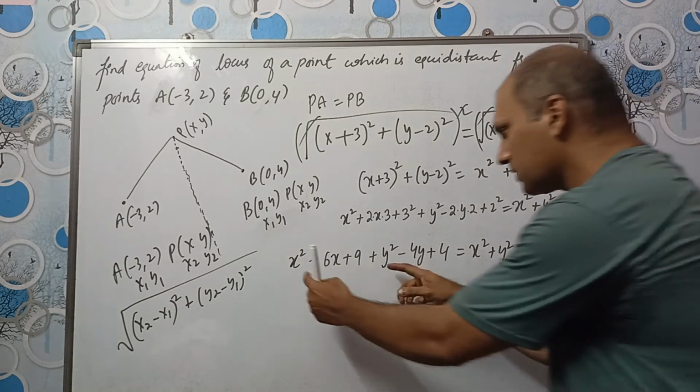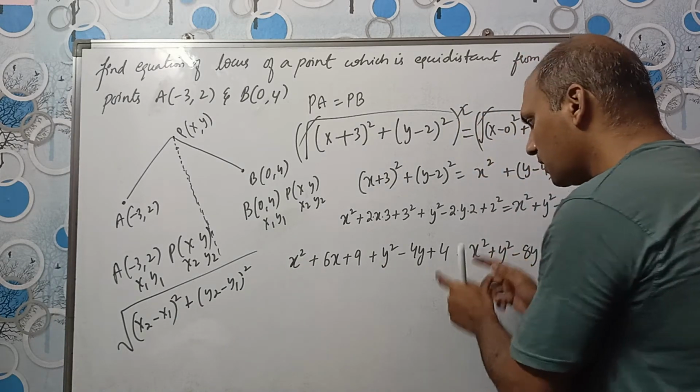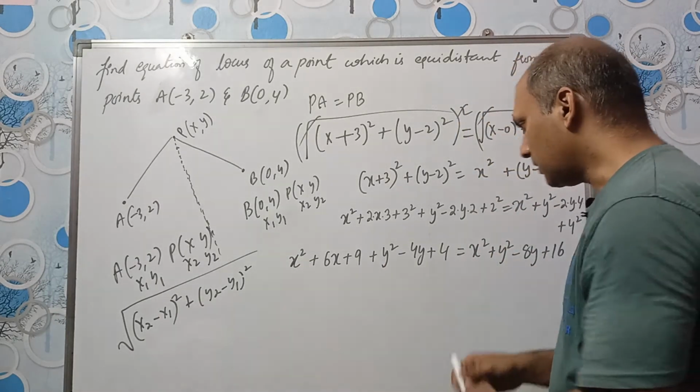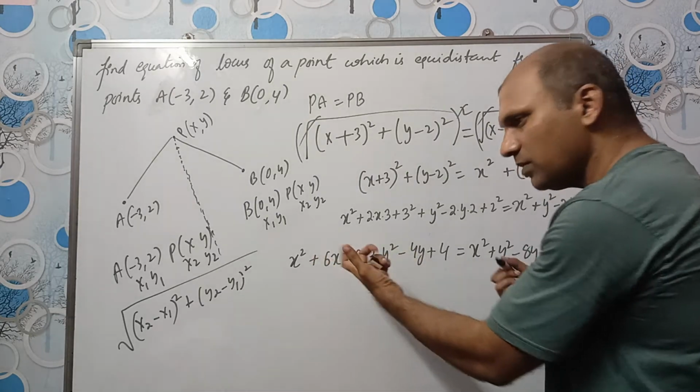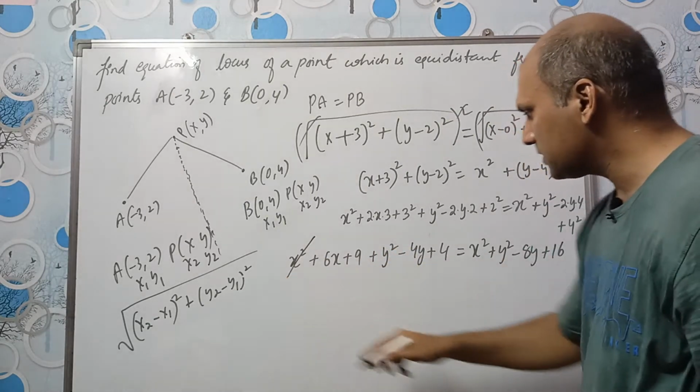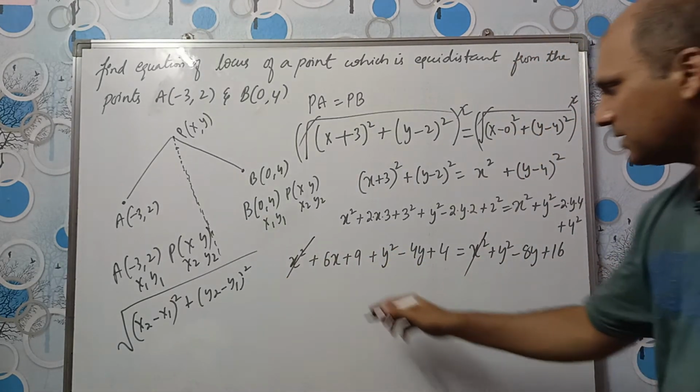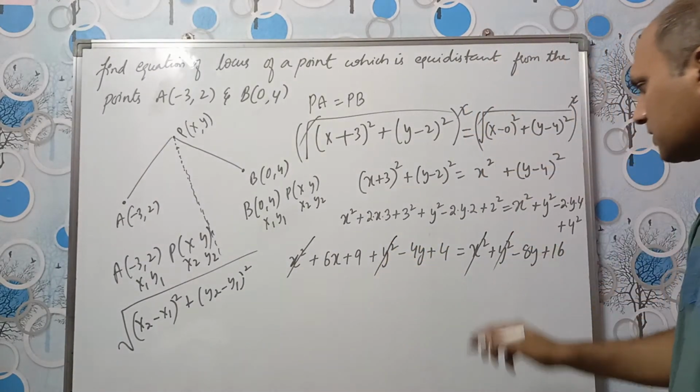See, this x square and this x square will get cancelled, because if you send this x square to this side, it will become minus x square anyway. So this x square will get cancelled. In the same way y square and y square will get cancelled.